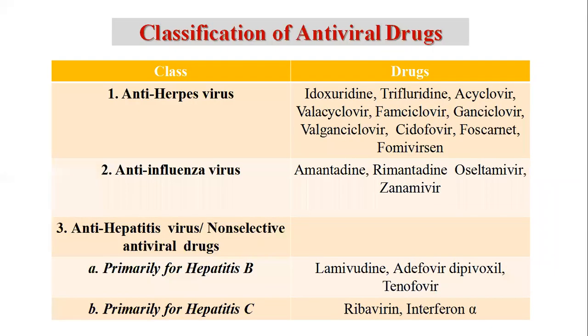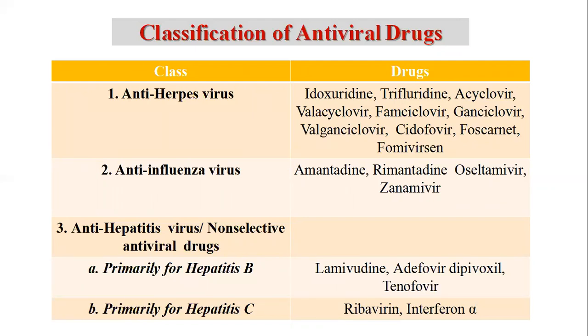Now we are going to discuss the classification of antiviral drugs. Antiviral drugs are classed in 4 different categories. The first class is anti-herpes virus, meaning the antiviral drugs developed against the herpes simplex virus.